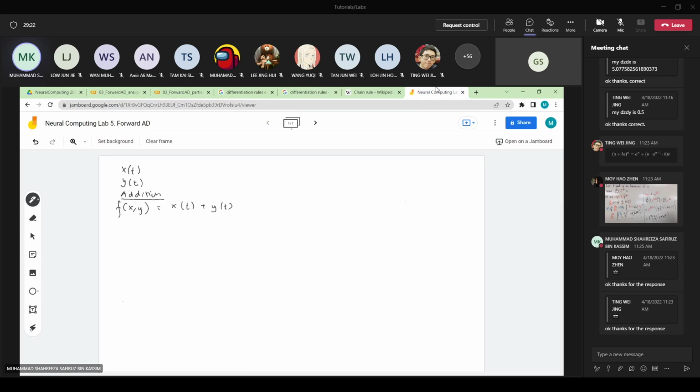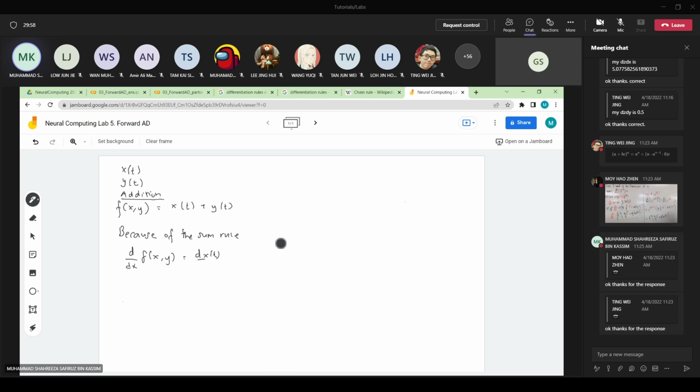So you are given this, right? Because of the sum rule, what we're doing is d/dx of f of x, y equals d/dx of t.